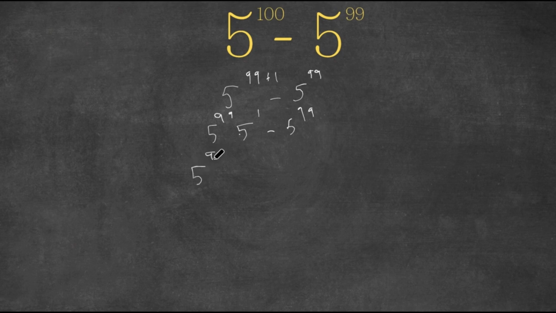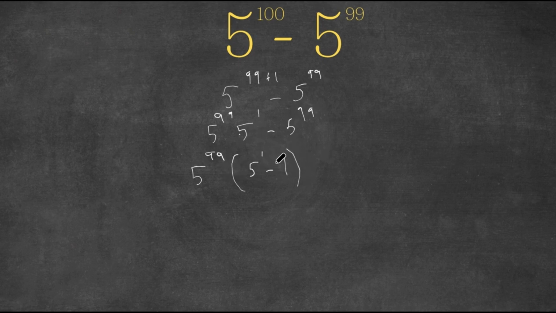We're going to factor out 5 to the power of 99. So we're going to do 5 to the power of 99 times 5 to the power of 1 divided by 5 to the power of 99 is simply just 5 to the power of 1, minus 5 to the power of 99 divided by 5 to the power of 99 is simply 1.